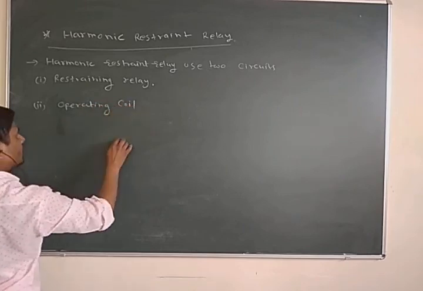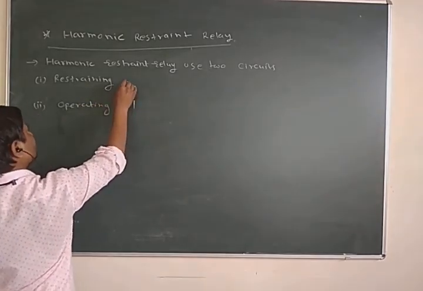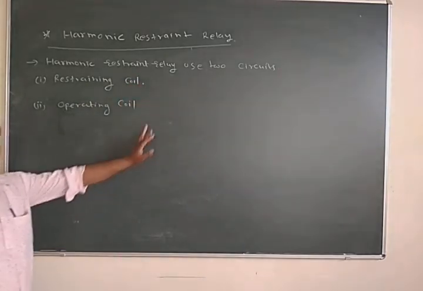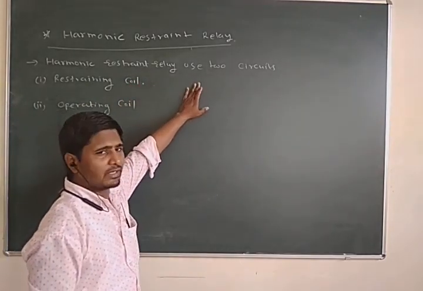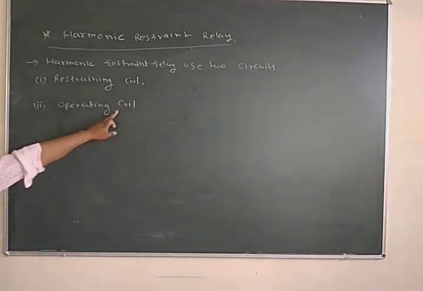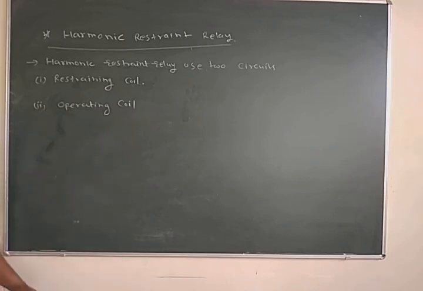The harmonic restraint relay consists of two circuits. One circuit is the restraint coil and the second circuit consists of the operating coil.